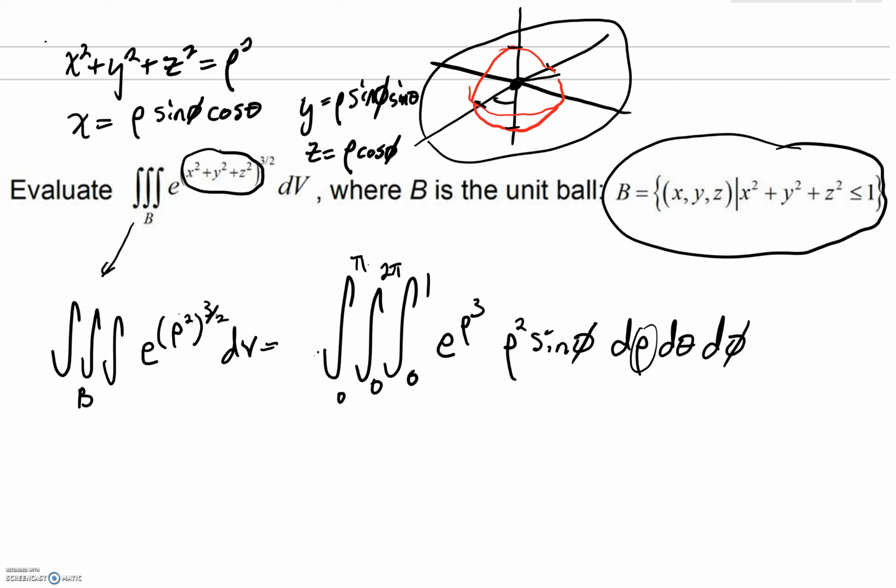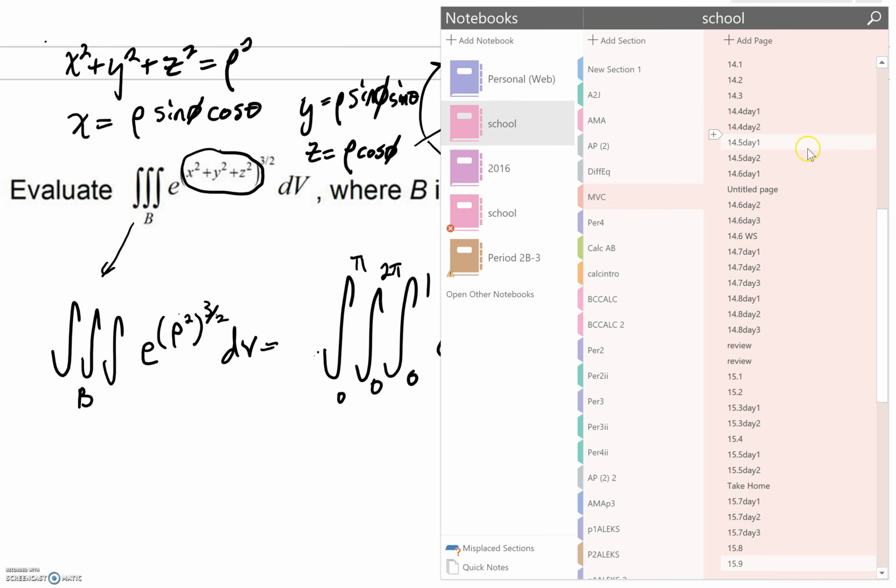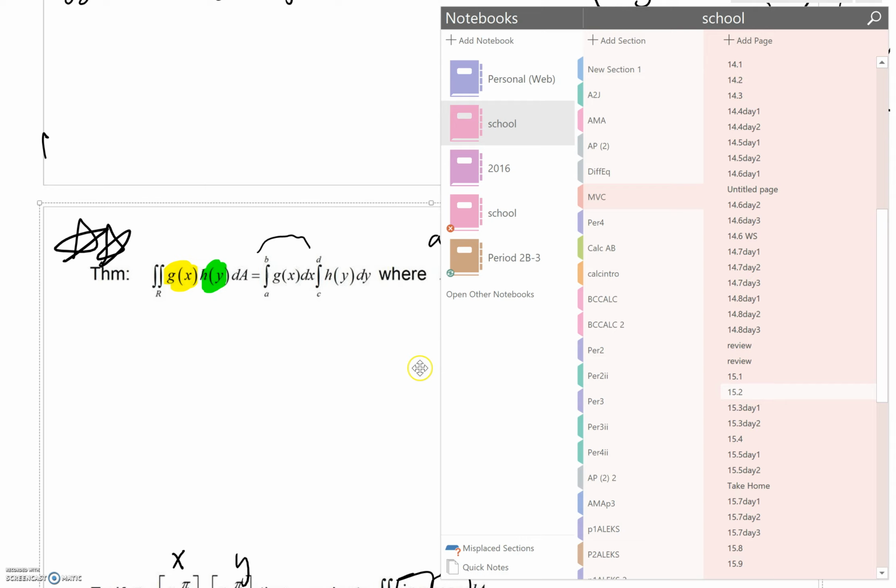Now at this point, I do want to call something to your attention. There are a couple of ways we can work this out. We could just go step by step and immediately start working this out. Or I just wanted to quickly point out, I believe this was in lesson 15.2, going way back.